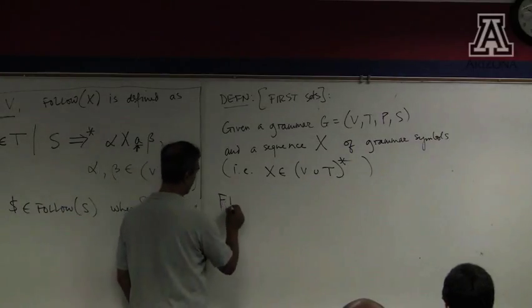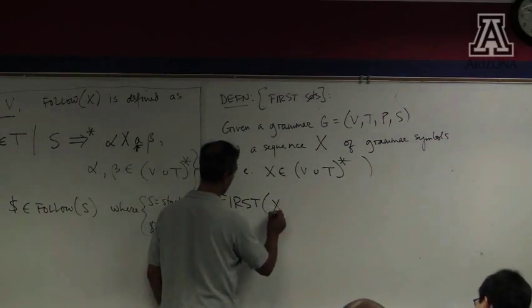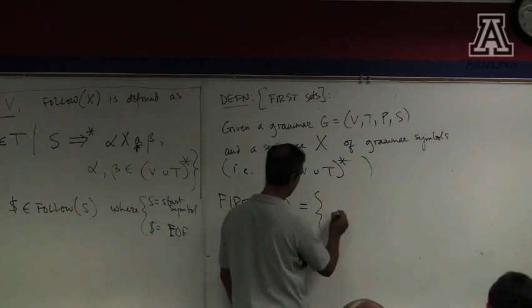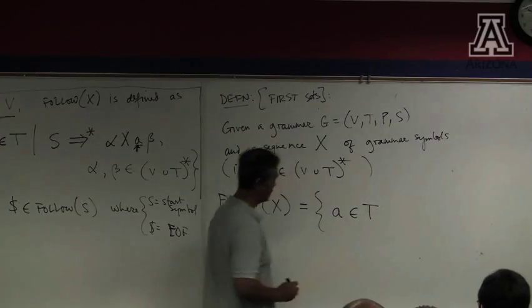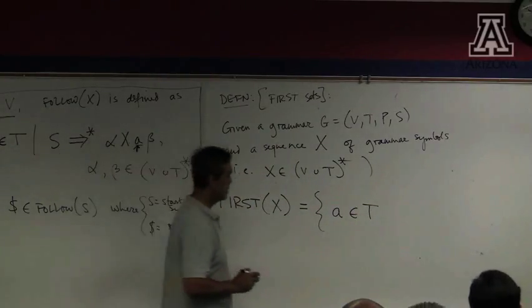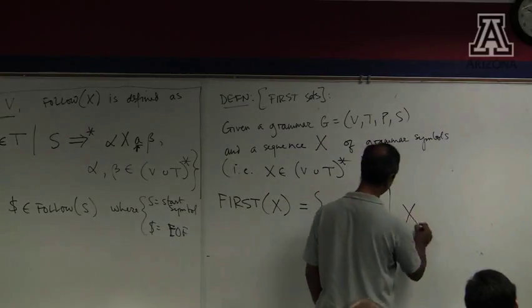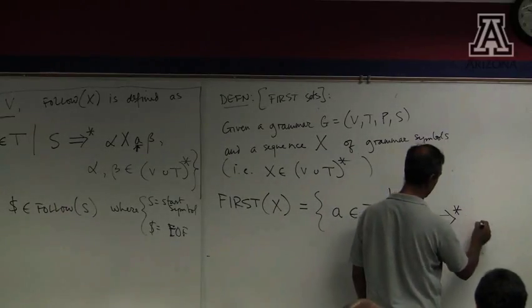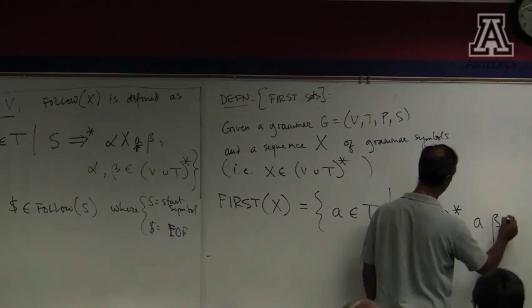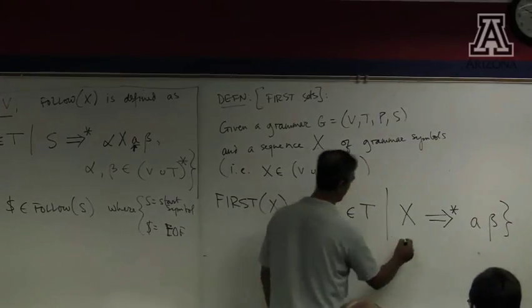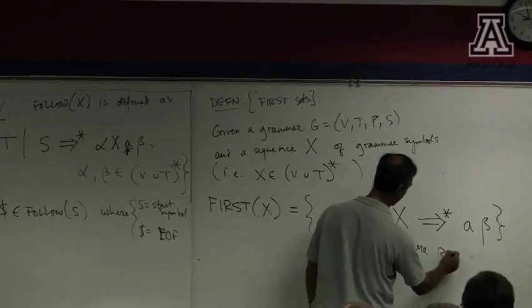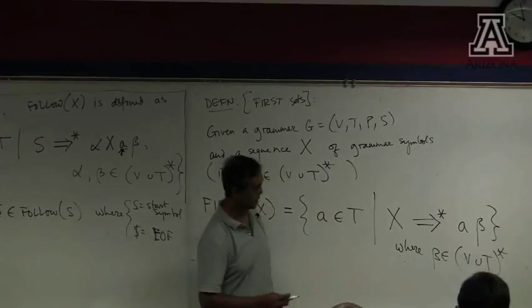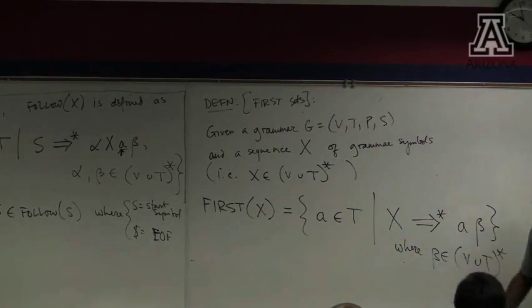First of X is defined to be the set of tokens such that, starting from X, I can derive a beta, where beta is in V union T star, which is to say beta is some sequence of grammar symbols.